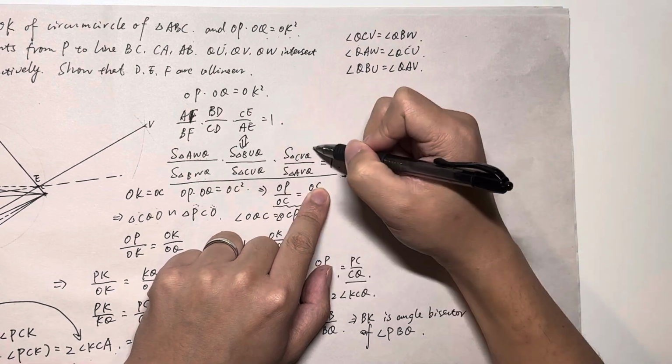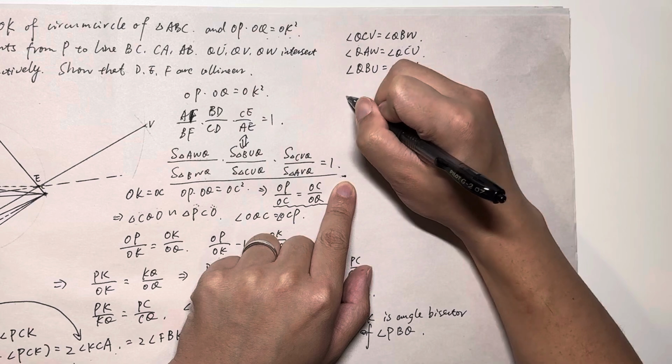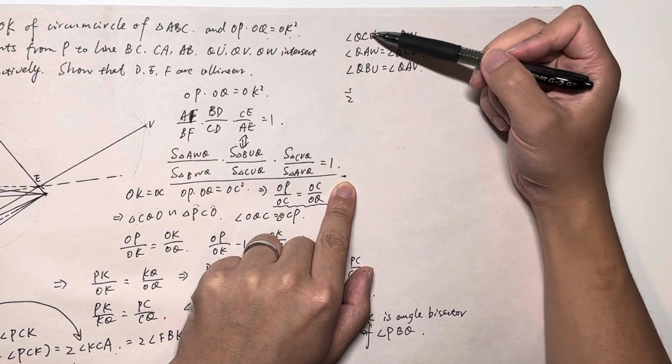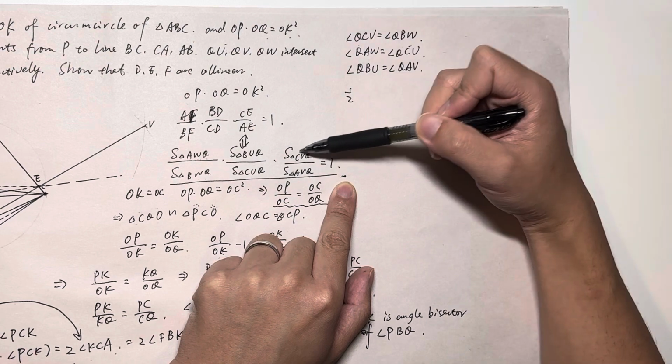We can extend the product of this to be half of, we want to find the QCW, right? So that's CQ CV.